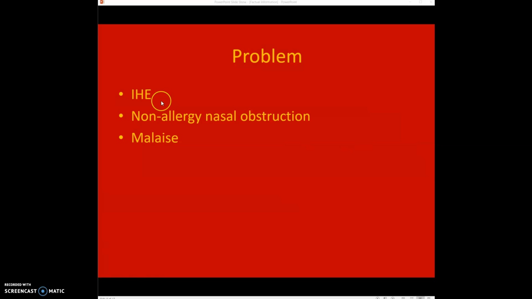So instead of saying, what's your participation rate in IHEs, what you really mean is, did you go to college or to university? Do you have experience with non-allergy nasal obstruction? Nobody knows what that is. I mean, you can look it up. Well, do you have a runny nose? That's what that means. Do you have experiences of malaise? That's just a general discomfort, a general uneasiness. Even though we might know what these words are, if you use those kinds of words with people, you're going to shut them down. They won't participate.